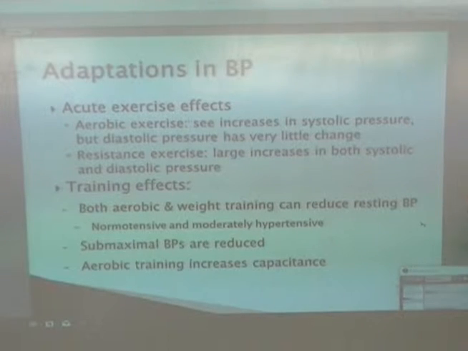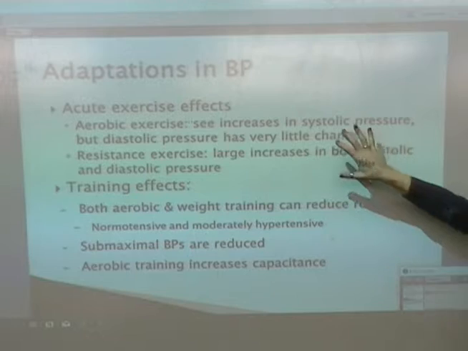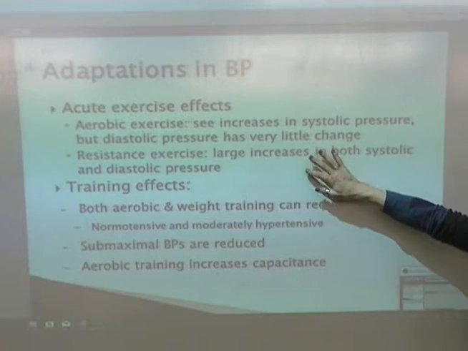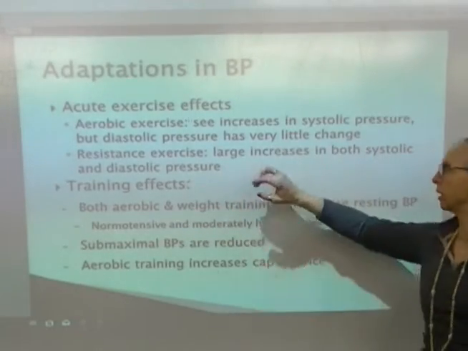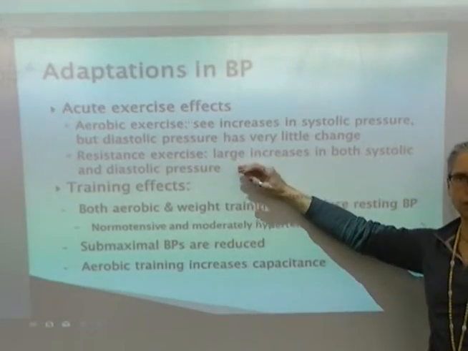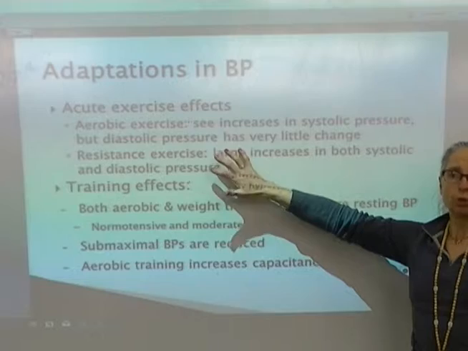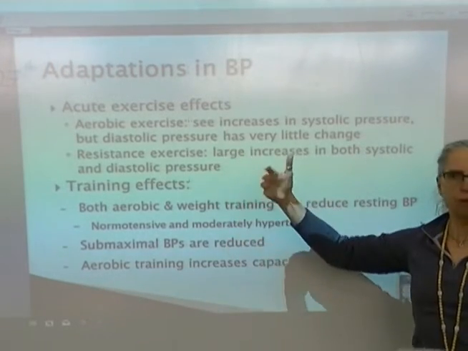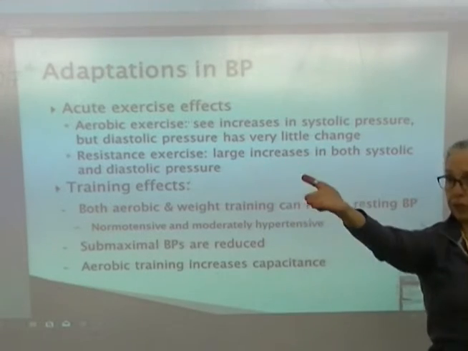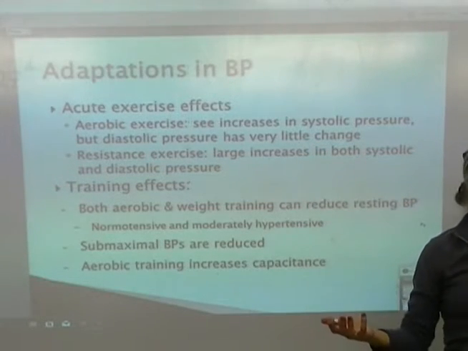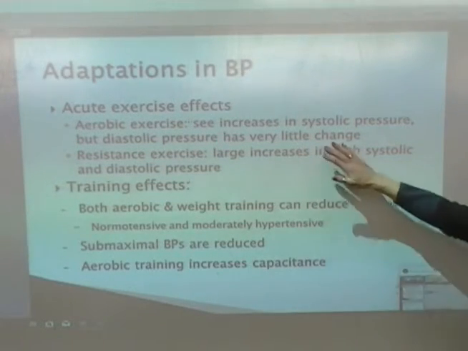Right? If they are normo or moderately hypertensive, then you can have them do some resistance work. If they're normal, obviously you can have them lift weights. If they're moderately hypertensive, then you should probably stick to something like body weight or band work or using a yoga ball, something like that, okay?